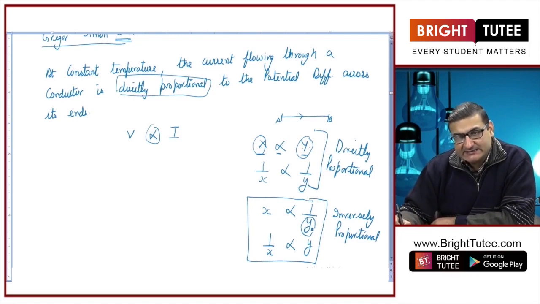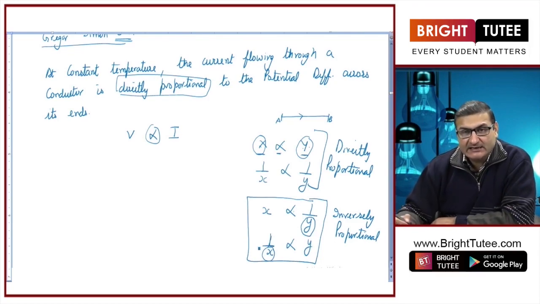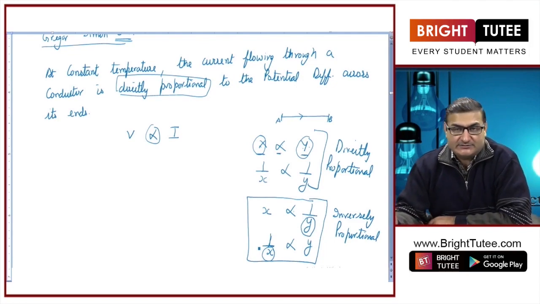If y is increasing, then x will decrease. Vice versa, if y is decreasing, x will increase. Same is the case here. They are inversely proportional because x is in denominator, y is in numerator. So if x increases, y will decrease, and if x is decreasing, y will increase.